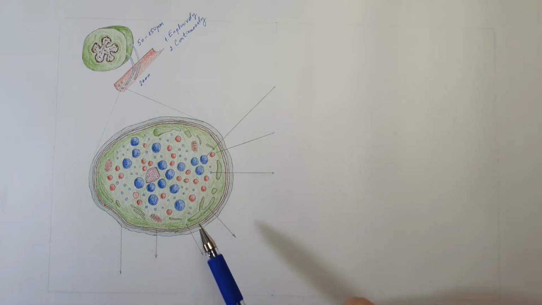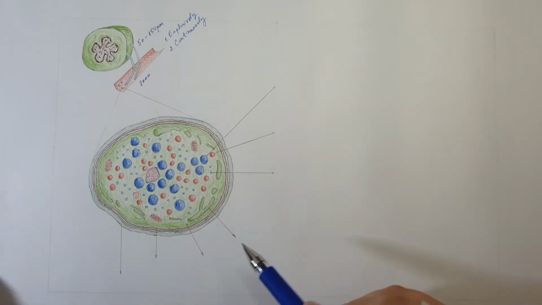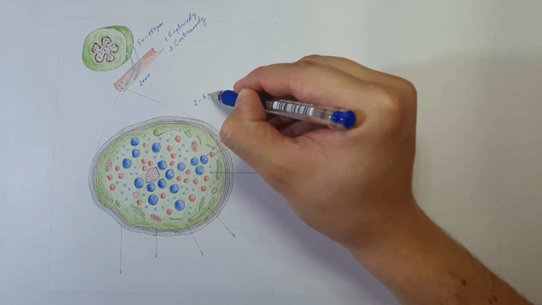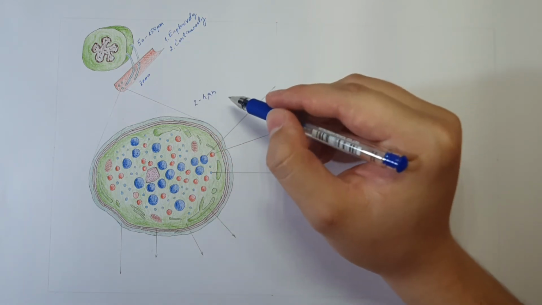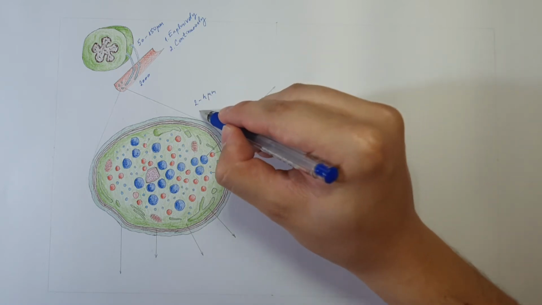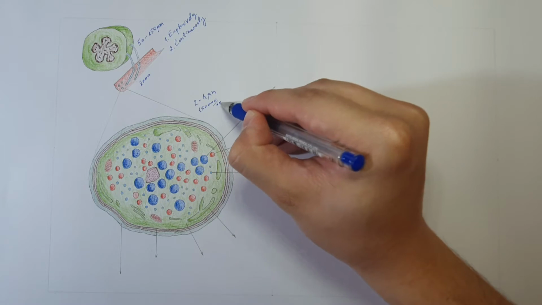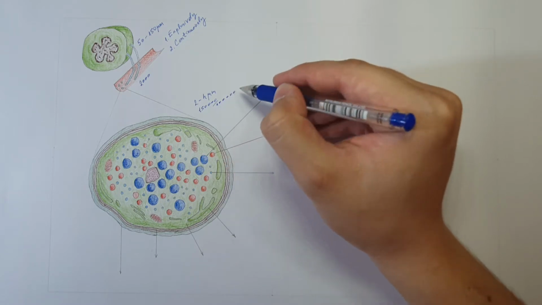The thrombocytes are cell fragments that are small in diameter, about 2 to 4 micrometers, and in a cubic millimeter of blood we have about 150,000 to 400,000 thrombocytes.